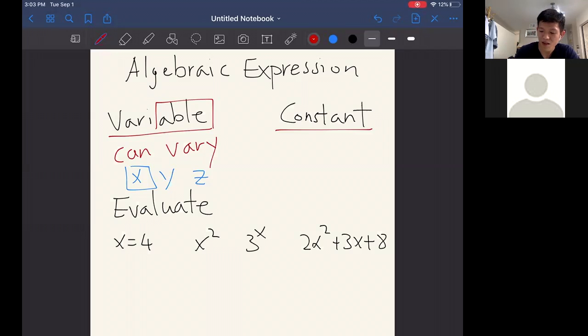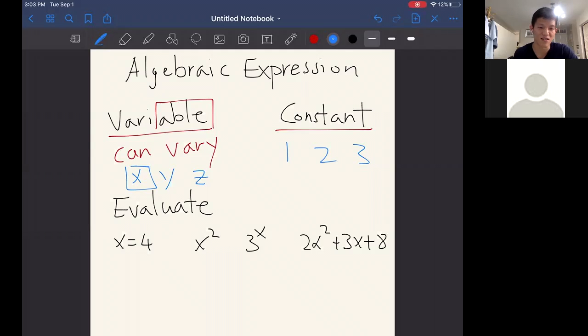However, if we have a number 1, well, 1 is 1. It's not going to change. If we have number 2, well, 2 is 2. It's also not going to change. So constant in math is just a number, okay? Because number 3 is 3. It's not suddenly becoming 3.5, right? Or suddenly becoming 5. 3 is 3, okay?